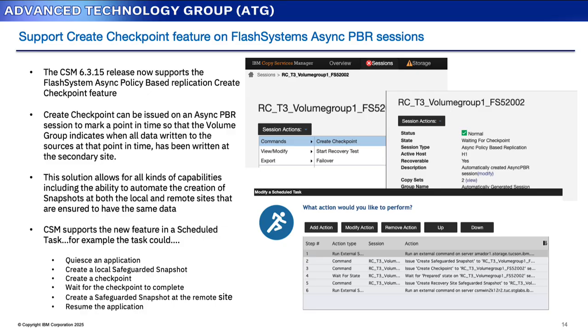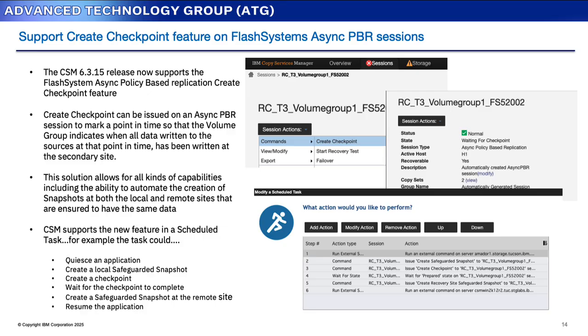So when you issue this, CSM will go into what we call a waiting for checkpoint state. CSM will query the hardware for when that checkpoint completes, and then we'll go back to a prepared state. This is a way to validate that all that data has reached a consistent point at the remote site.